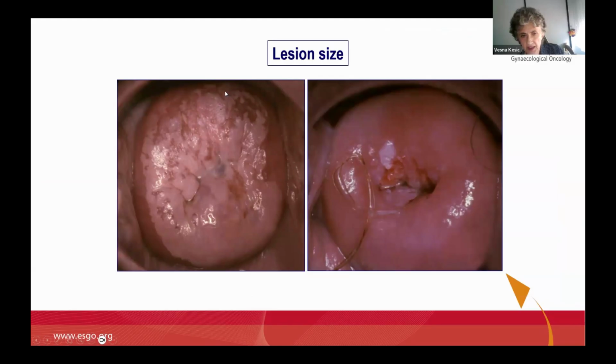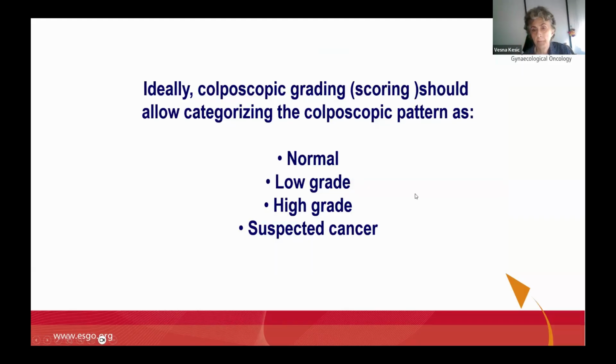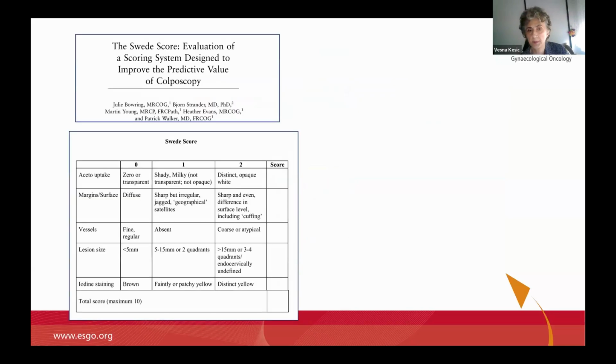This was a high-grade cervical lesion, CIN3. But believe it or not, this was also CIN3, although at first sight it looked like a small, simple condyloma. Ideally, we should grade or score findings as normal, low-grade, high-grade, and suspected cancer.